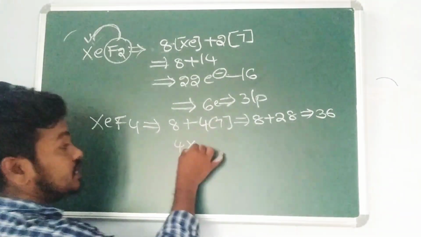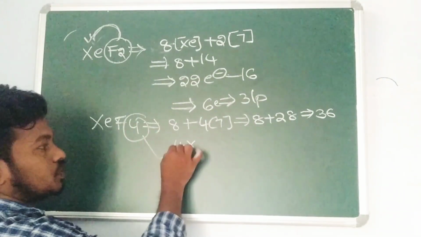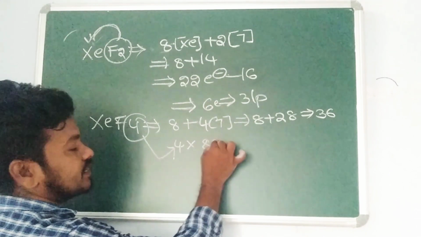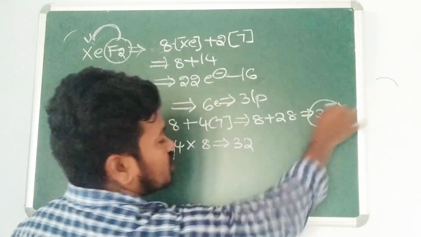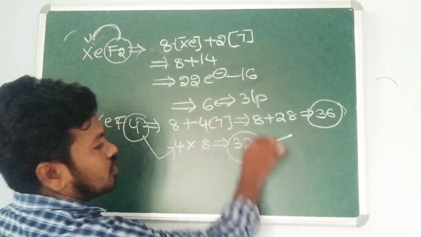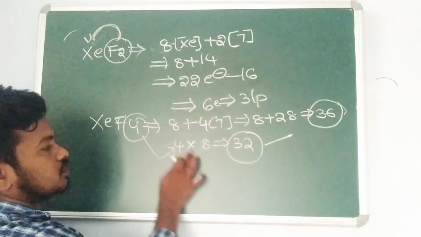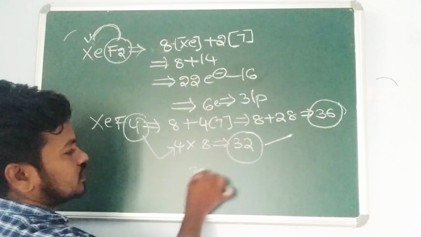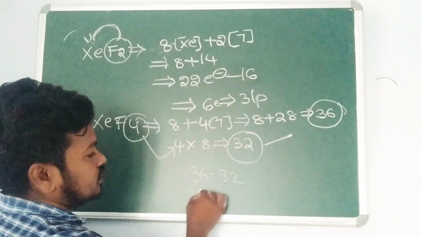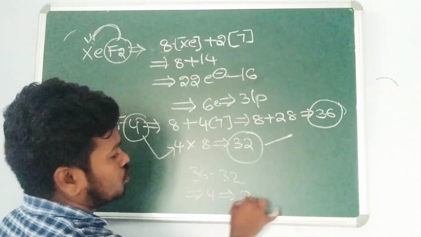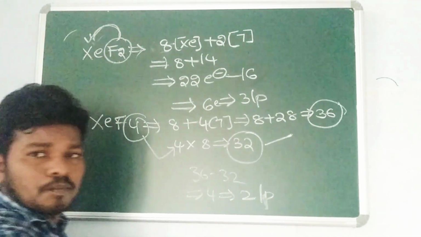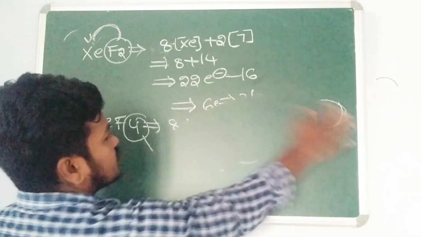So 4 atoms multiplied by 8 gives 32. The total valence electrons subtracted by the number of attached atoms multiplied by 8: 36 minus 32 is equal to 4, so 2 lone pairs are present. Next example.